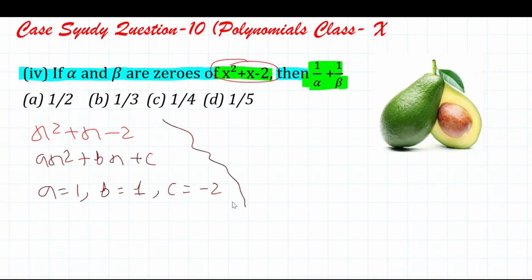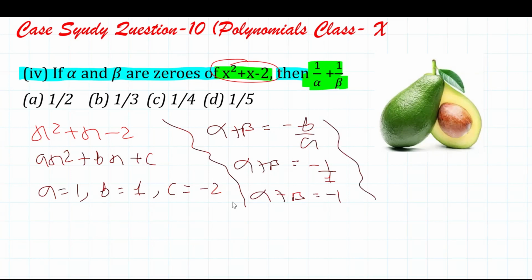Now I have obtained this so that I can get the sum and product. The sum of the zeros is minus b by a. So alpha plus beta is equal to minus 1 over 1, that means alpha plus beta is minus 1.